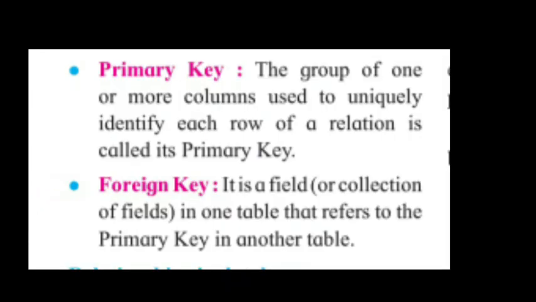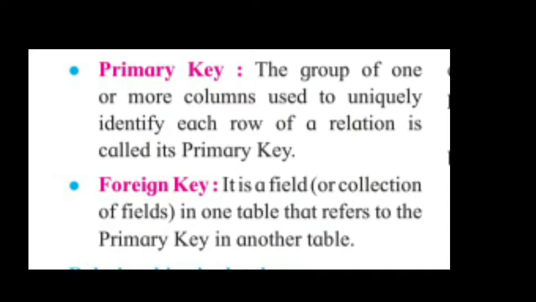So guys, there are actually three different types of keys, but from your 11th standard point of view, we have to focus on two types. The first is called the primary key, another is called the foreign key, and one more is called the super key. These keys are used to establish a relationship between various tables.